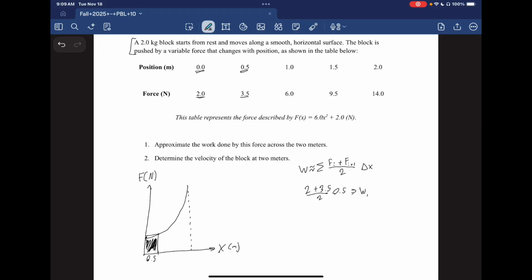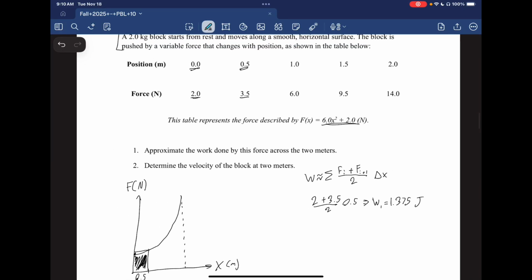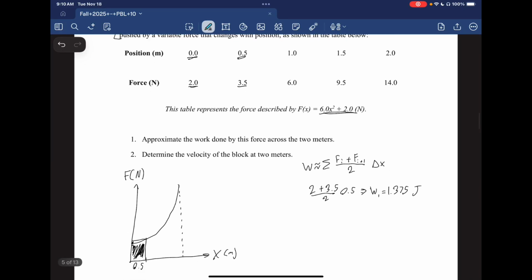If you plug this into the calculator, you get that work 1 equals 1.375 joules. Now, this is only an approximation. If you wanted to find the exact amount of work done by this force across the 2 meters, you would need to take this equation and multiply it by the distance and do some integration. But we're just looking for an approximation.